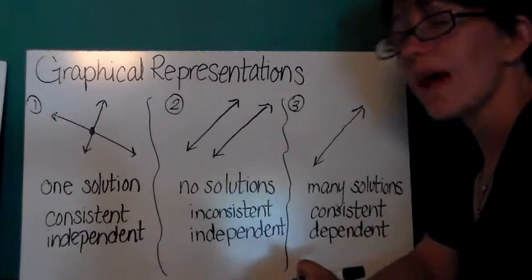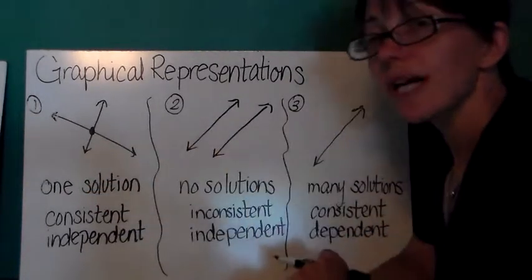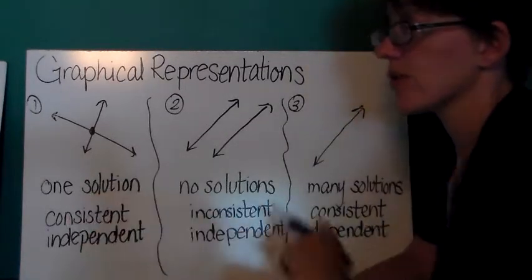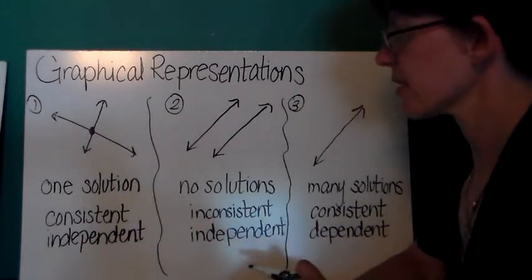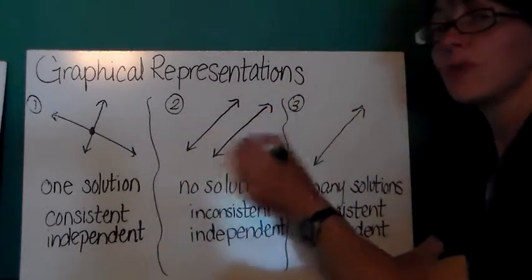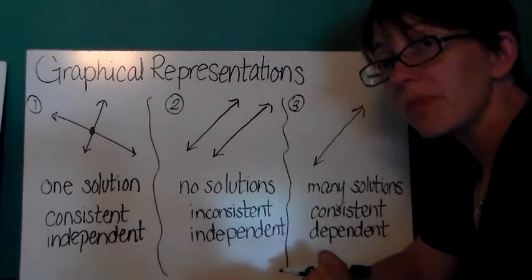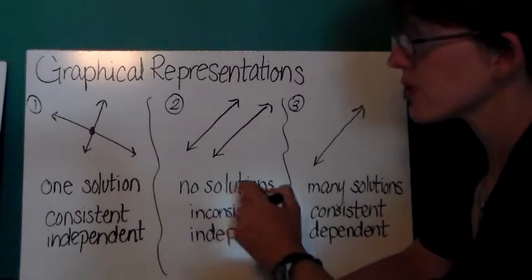Now, just so you know what these graphical representations look like, two lines could intersect in one point. This one solution is called consistent and independent. We could have two parallel lines, that is, lines that have the same slope but different y-intercepts. These have no solution.